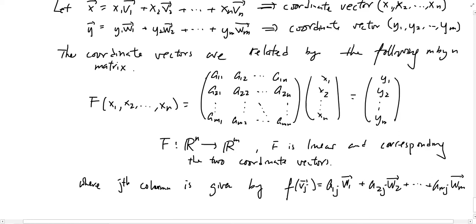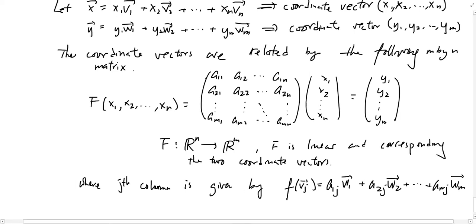Now it's probably hard to understand what this means. It means that when you want to form the matrix, each column is what happens when you put the corresponding vector in the basis of the domain into the function f, and its coordinate vector becomes the column.